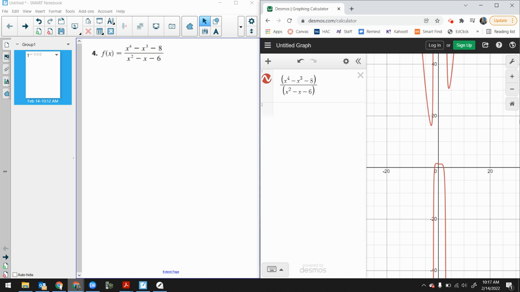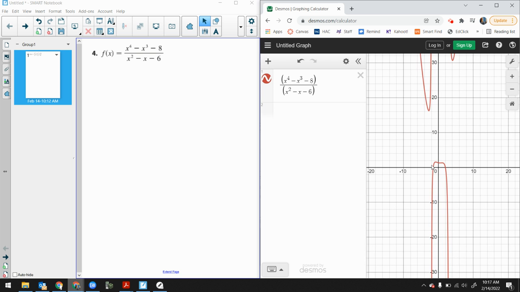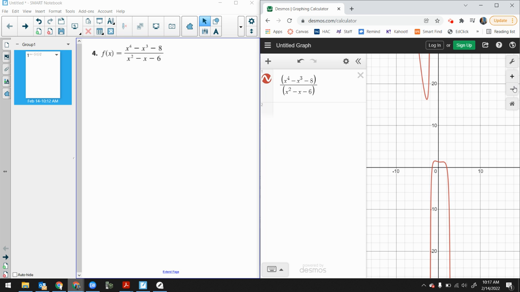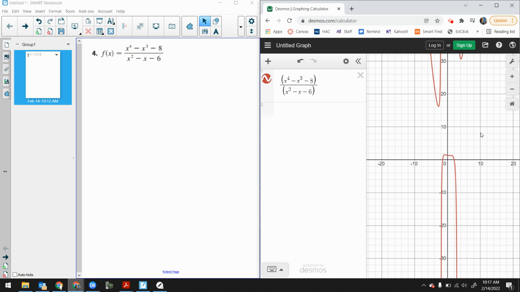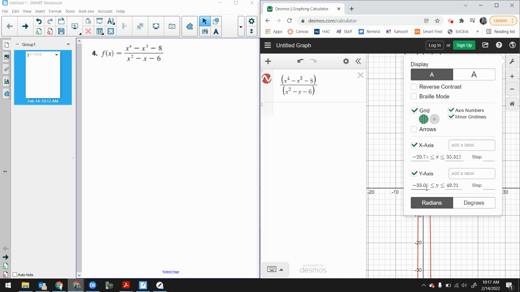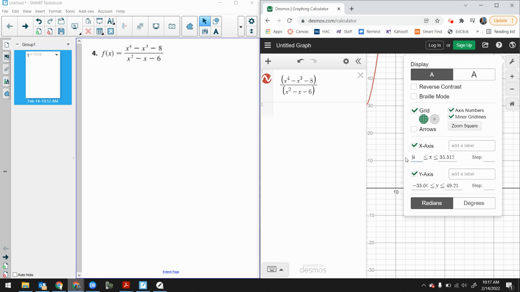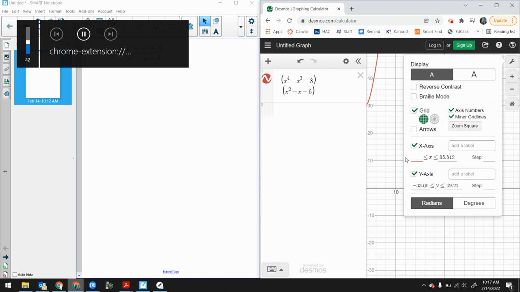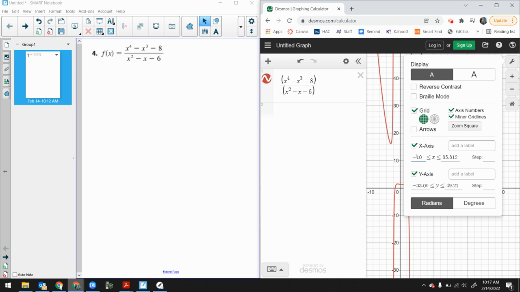Okay, so here's what we're going to do. Let's go negative 10 to 10 and see if that works. Keep the y-axis the same, but let's go negative 10 to 10 on the x-axis. Oh, yikes, what the heck is that? Negative 10 to 10.